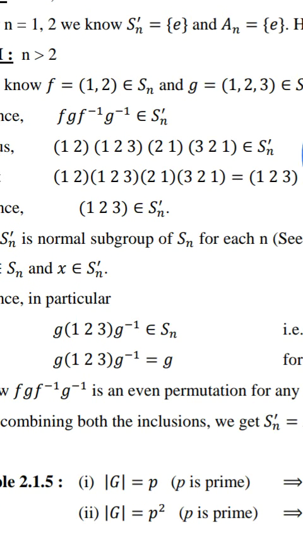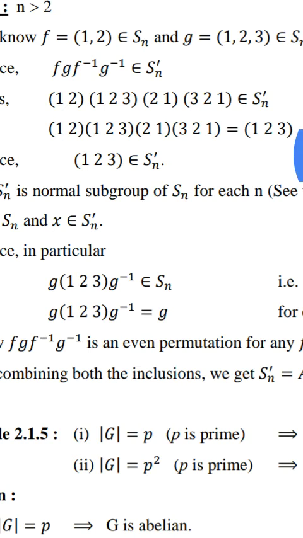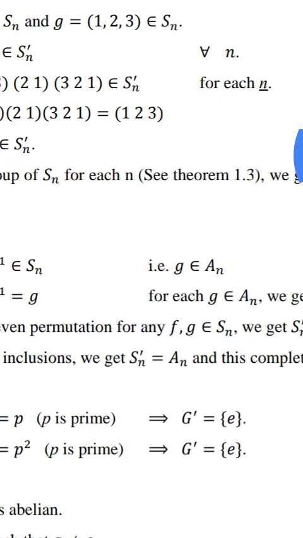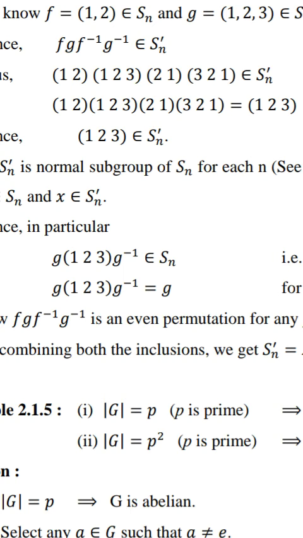Therefore, f inverse g inverse belongs to Sn', the derived subgroup, that is (1 2)(1 2 3)(1 2)(3 2 1) belongs to Sn'. Here 1 goes to 2, 2 goes to 3, 3 goes to 1.